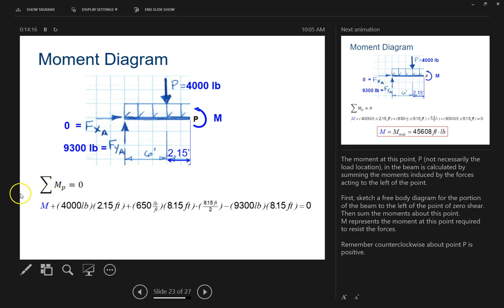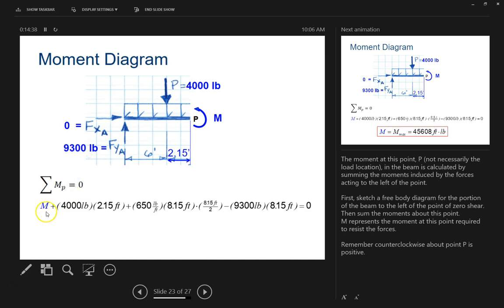Anybody know? Sigma. Okay? That's an uppercase sigma. So the summation, the sum of all the moments about P must equal 0.